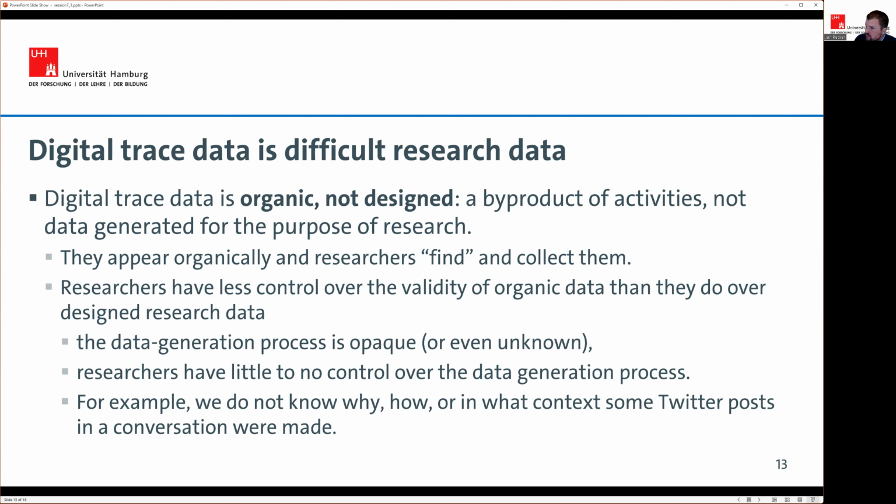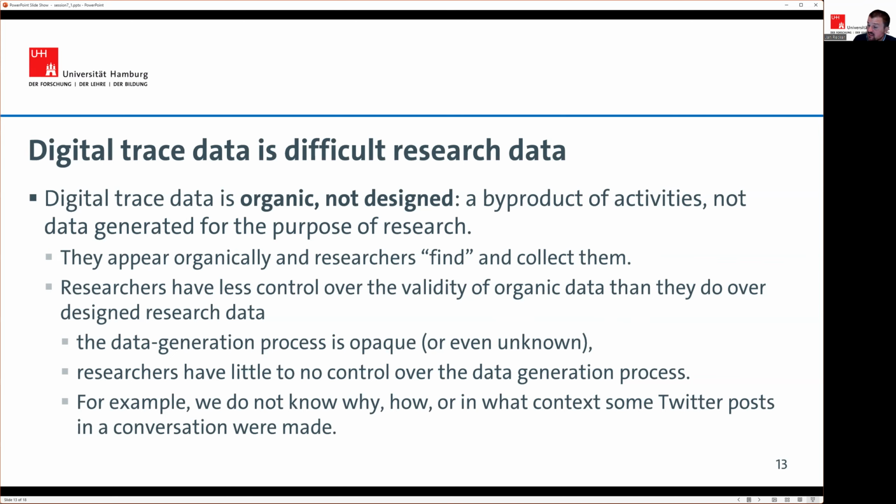But let's have a look at what is different about digital trace data. One key difference between digital trace data and other types of research data, such as the one we could have generated manually through empirical, quantitative, or qualitative research, is that digital trace data is not designed, it's organic, which means that this naturally happens as a byproduct of activities that are carried out online or in the digital system.